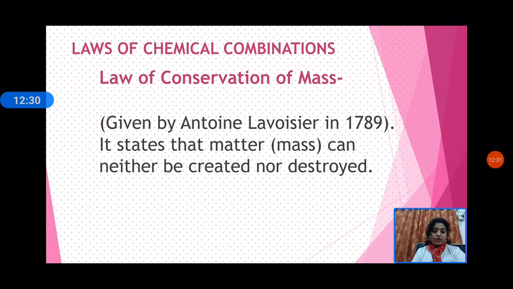Now you write down the masses of all the compounds. You will find that whatever mass is in the reactant side, same mass you will find in the product side. The second fragment of this law is, matter can neither be created nor destroyed, however may change from one form to another. This law doesn't hold good for nuclear reactions.